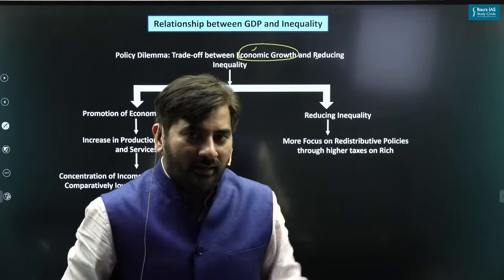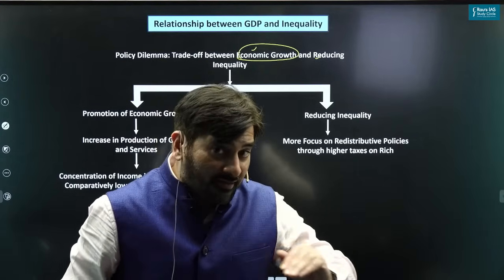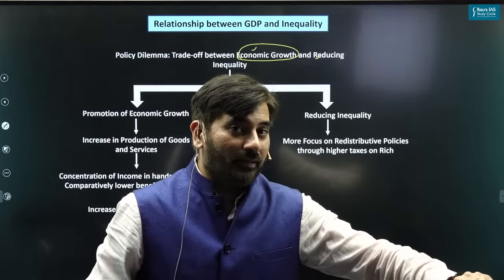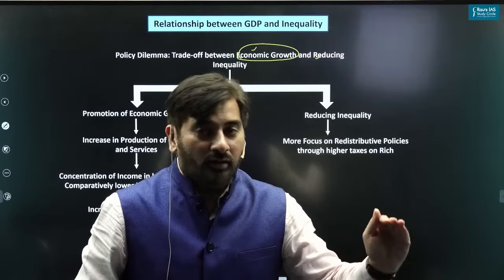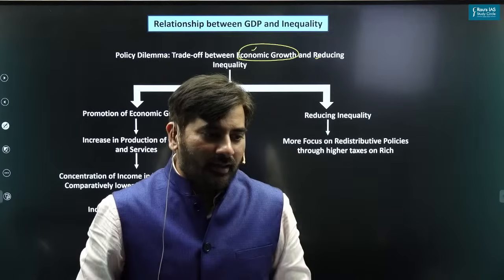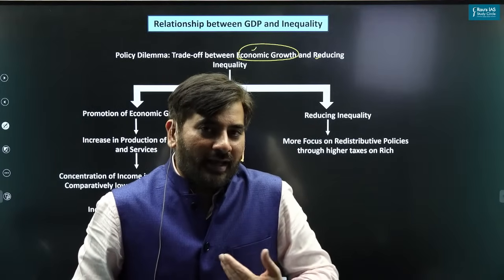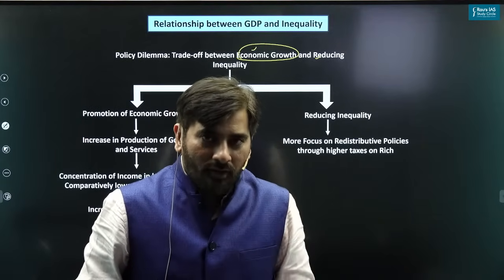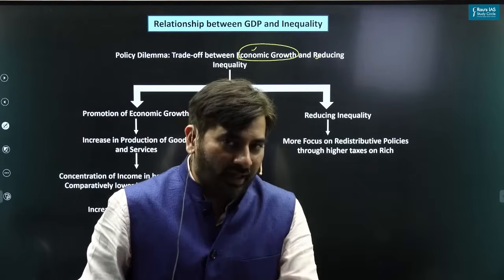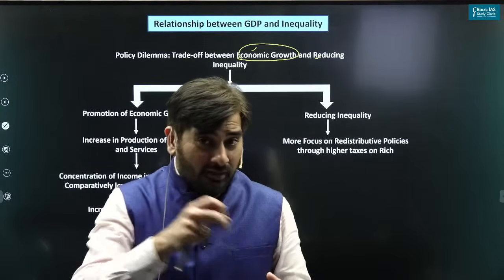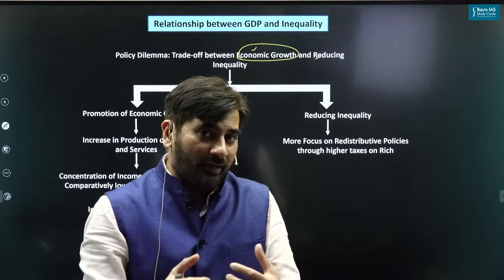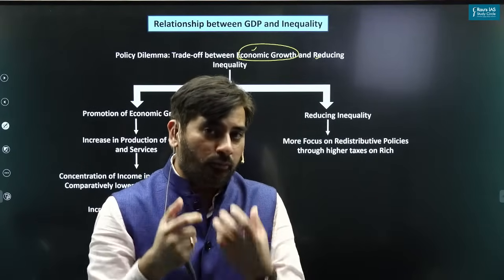Now it is being said, if a country in its initial stage of development focuses more on redistributive policies, then what will happen? It is being said that it is disincentivizing the wealthy people from accumulating wealth. It is forcing the wealthy people to pay more taxes. Apart from that, of whatever tax the government is collecting, more of that taxpayers' money is being spent on the welfare of the poor people.